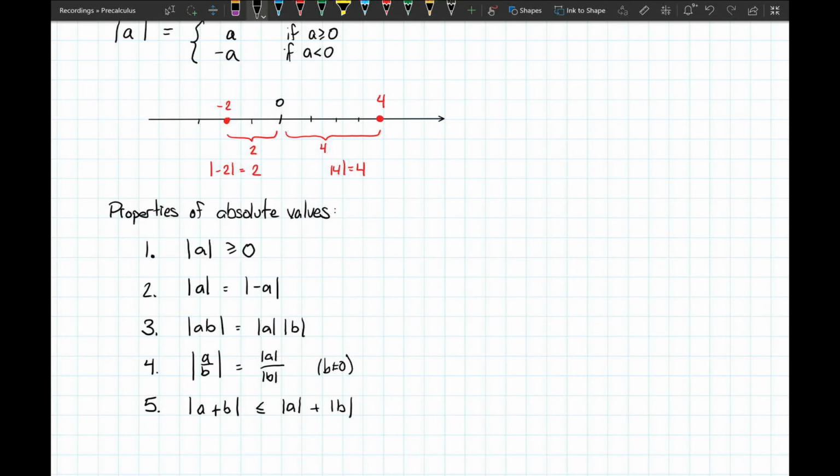The strongest thing that we can say is that the absolute value of a plus b is always less than or equal to the absolute value of a plus the absolute value of b. That last one you have to be a little bit careful of. Since it's not an equal sign, you can't just simply replace the absolute value on the left-hand side with the absolute values on the right.